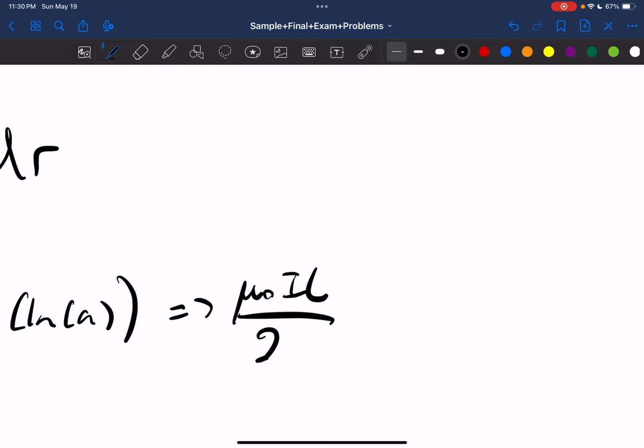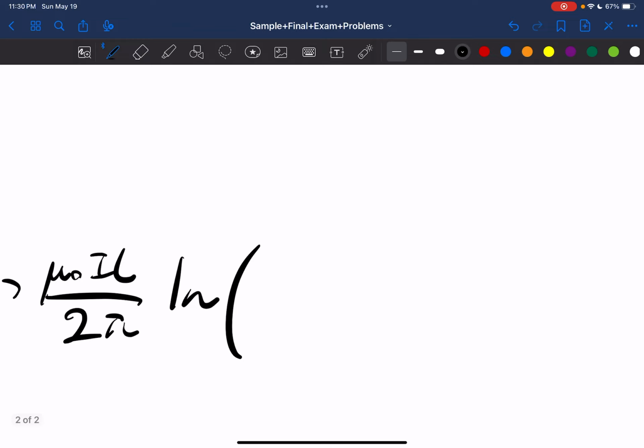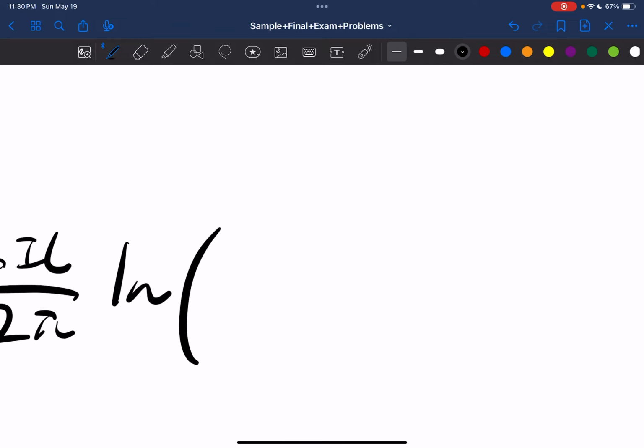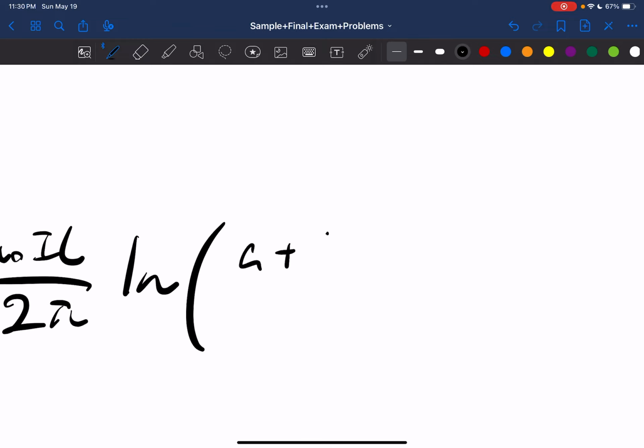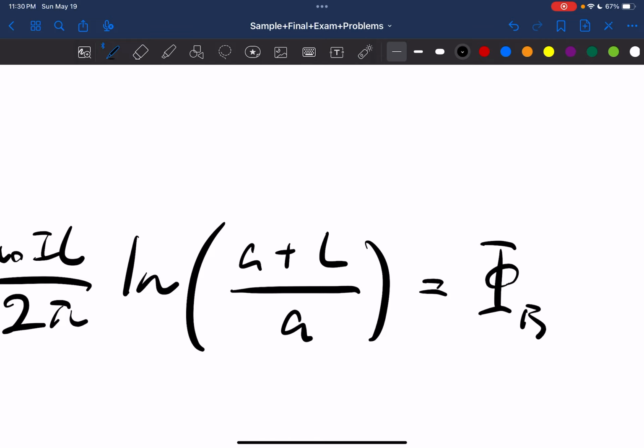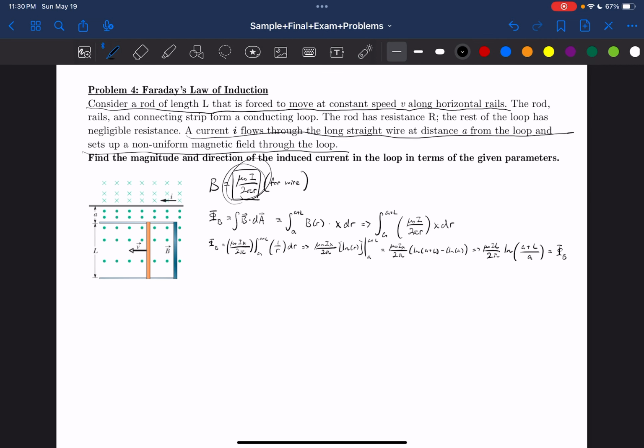And with the natural logarithm rule, after we simplify it, this turns into a plus L over a. And this is going to be the magnetic flux right here.